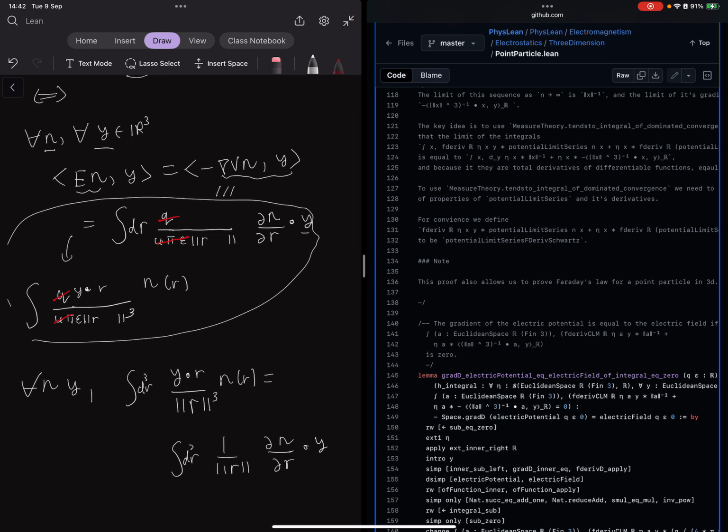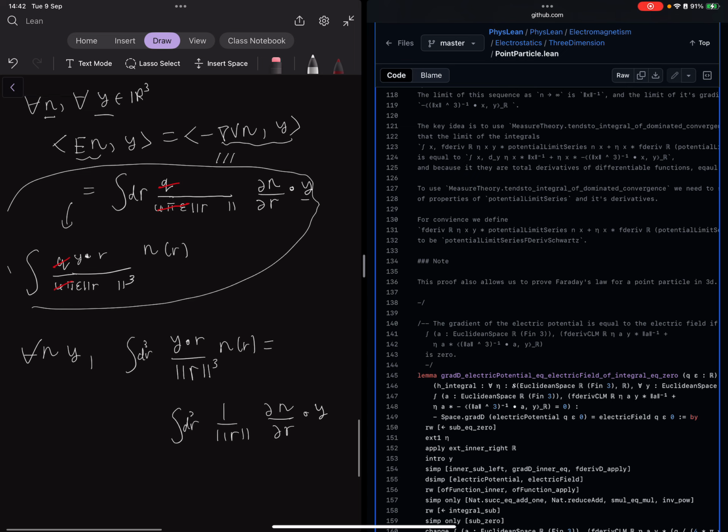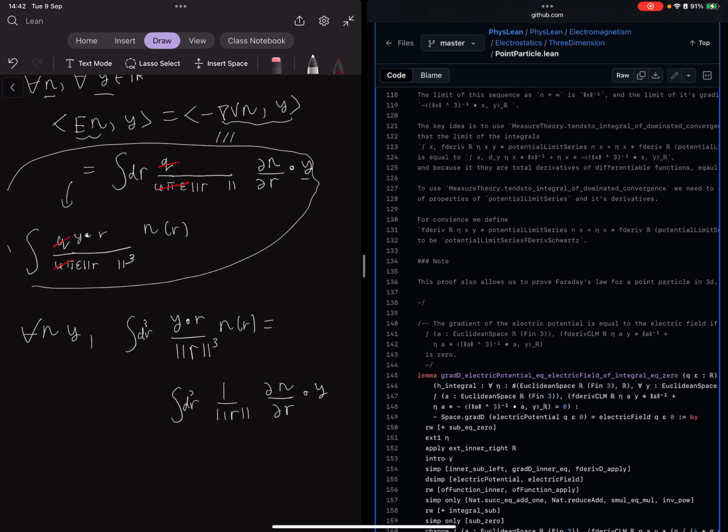Good, so let me scroll down. You can basically see that if we rearrange, this is equivalent to the following. We want to show that 1 over r times d eta dr dy minus, and I'm basically combining these two integrals, r times y over r cubed times eta r is equal to 0.